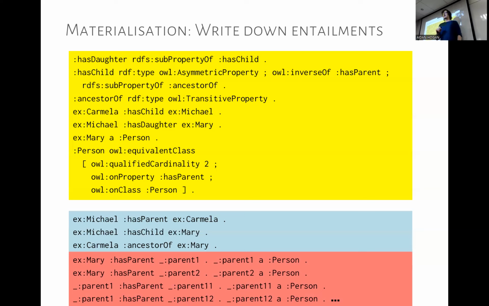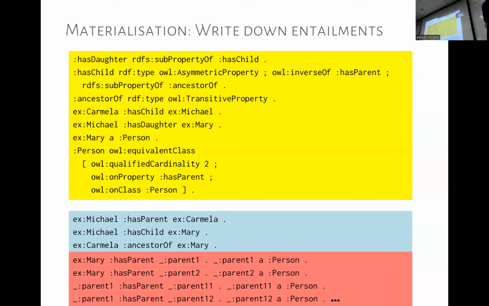And those parents should be persons. What do those persons need? 2 parents who are persons, and we can start to create blank nodes. If we use blank nodes to represent that something exists, as we do in RDF, then we can start to create an infinite number of entailments.